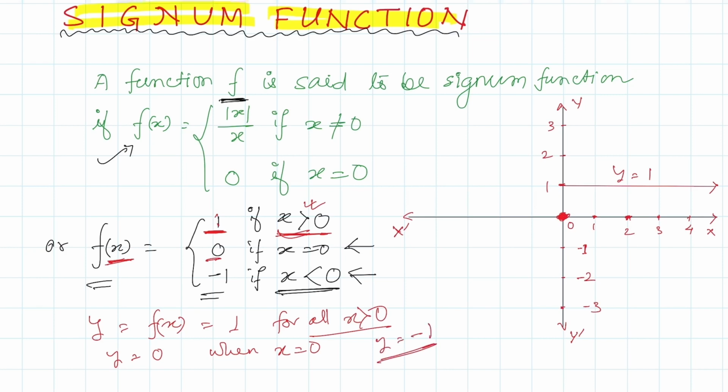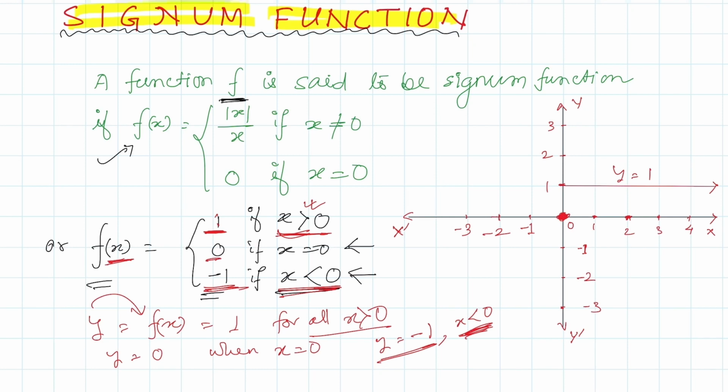Okay, here we have considered y is equal to f of x, and f of x is minus 1 for x less than 0. For any value which is less than 0, that means it may be minus 1 if the value of x is minus 1 or minus 2. Okay, any value less than 0.